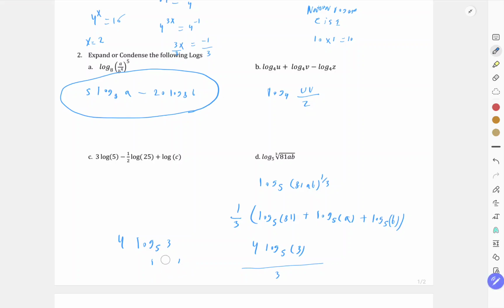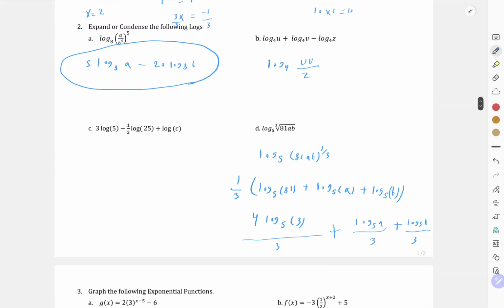Oh dang, okay, that's crazy. Alright. And now I would do plus, and then again log 5a over 3, and then again plus log 5b over 3, and that is the final answer for that part.